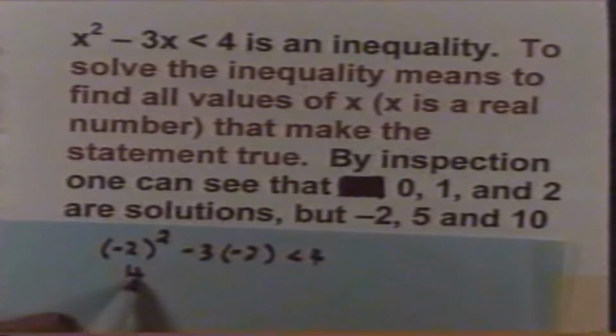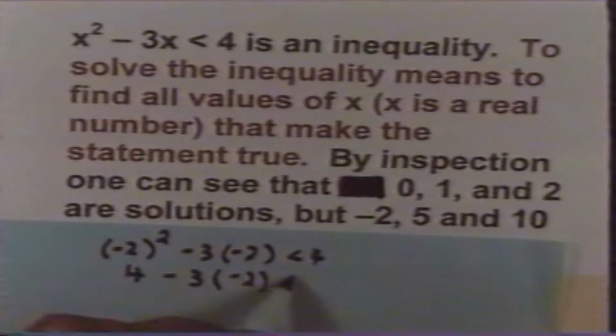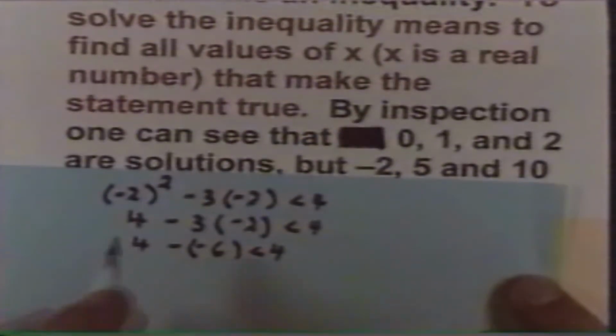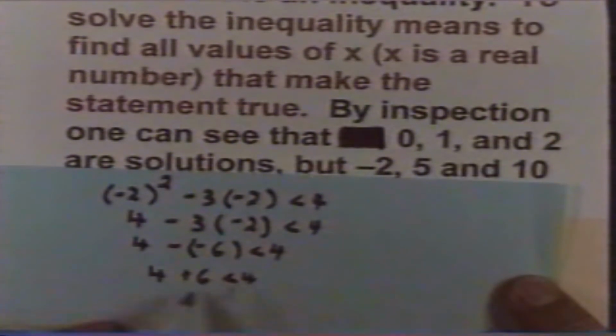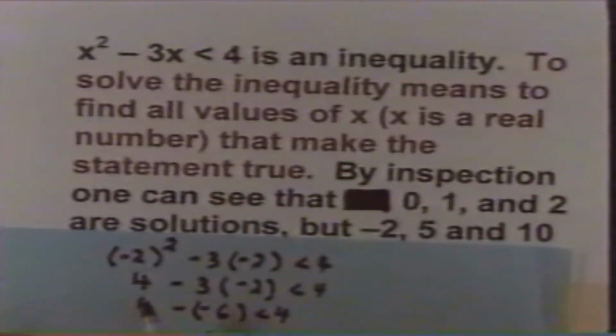Negative 2 squared would be 4. Subtract 3 times a negative 2 is less than 4. That would be 4 subtract a negative 6 is less than 4, because we multiply before we subtract, which gives me 4 plus 6 is less than 4. 10 less than 4, which is false. So negative 2 makes the inequality false. Therefore, negative 2 is not a solution.